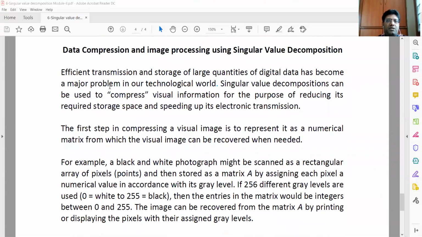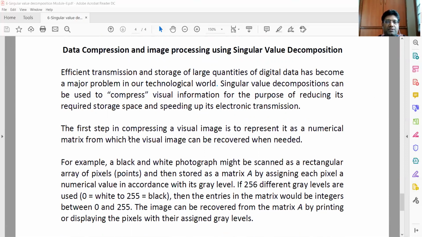So SVD is very powerful in data compression and image processing. So what is this? We'll see. Efficient transmission and storage of large quantities of digital data has become a major problem in our technological world. So SVD can be used to compress visual information for the purpose of reducing its required storage space and speeding up its electronic transmission.